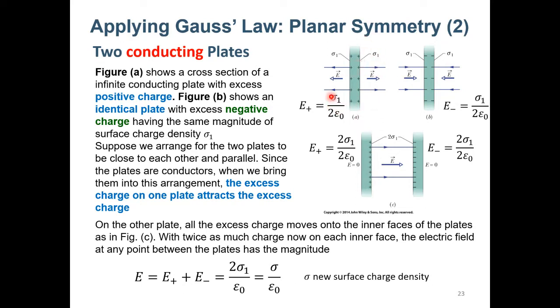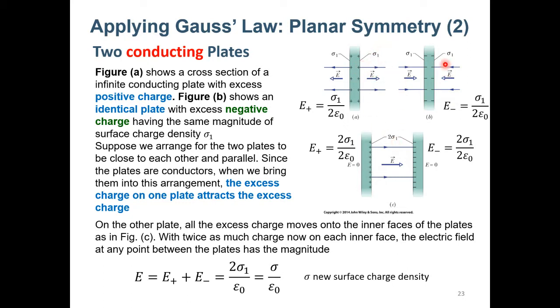Sigma 1 is the surface charge density also, and the E field generated by this plane would be E plus. Assume that it is positive charge distributed on this plane, so it generates E plus, which is sigma 1 over 2 epsilon 0 on this side and also on this side. But on the left side, it points to the left side. On the right side, the E field points to the right side.